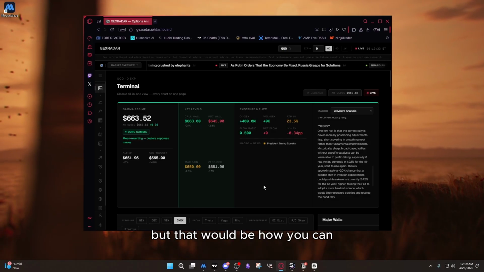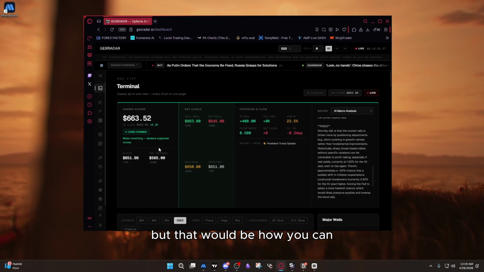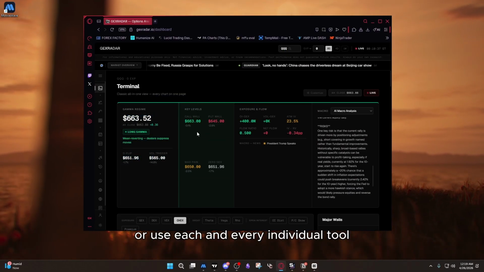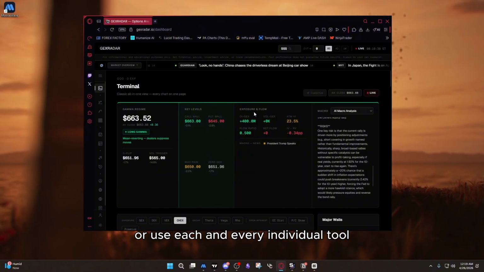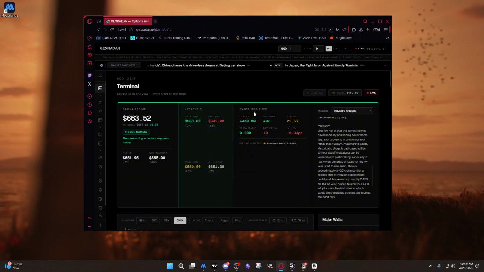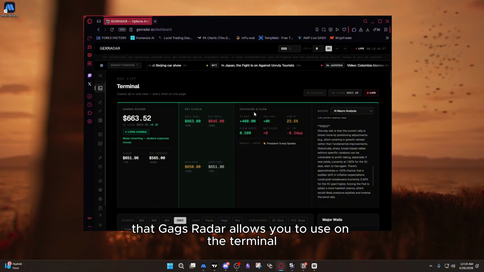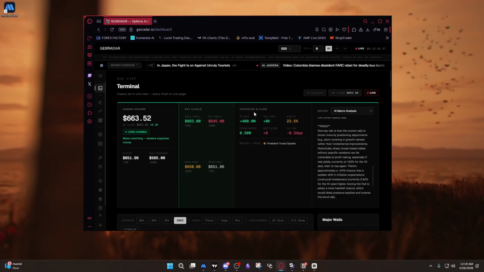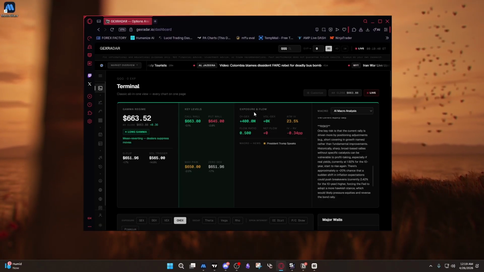But that would be how you can pair everything or use each and every individual tool that GEX Radar allows you to use on the terminal to your advantage.